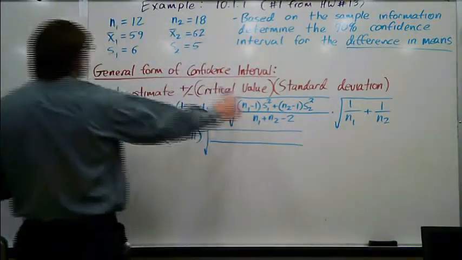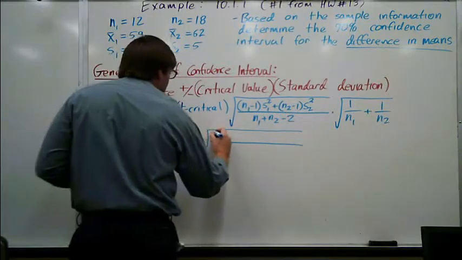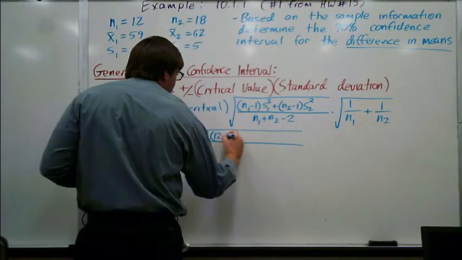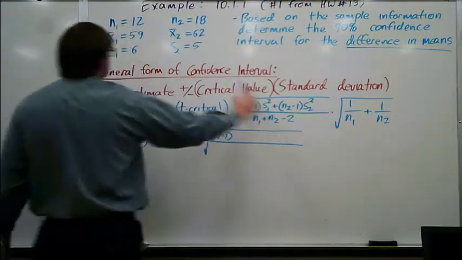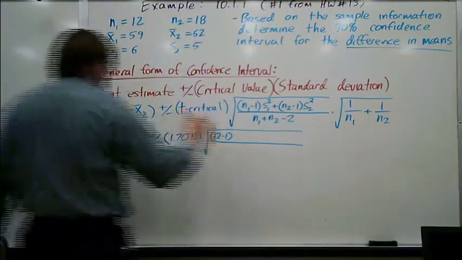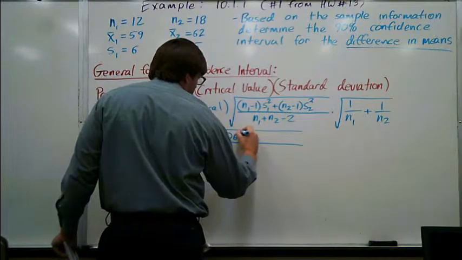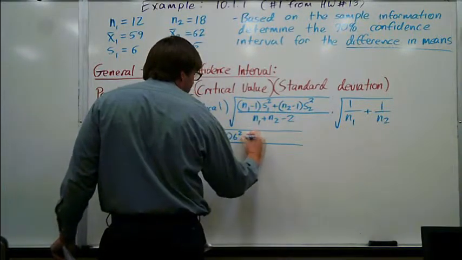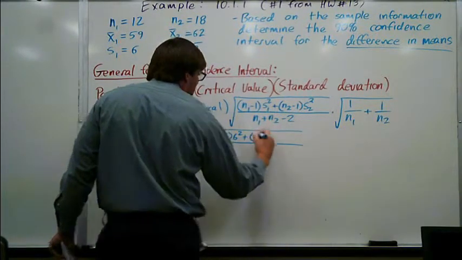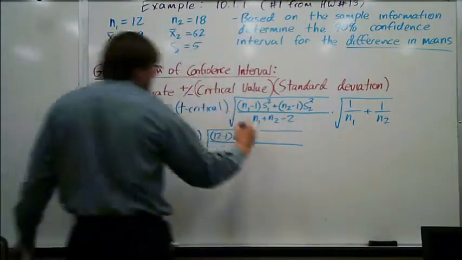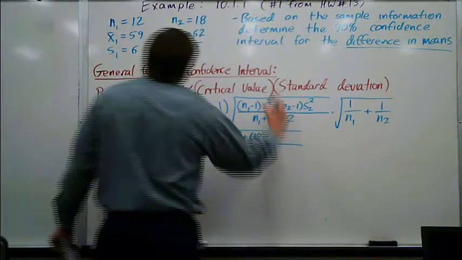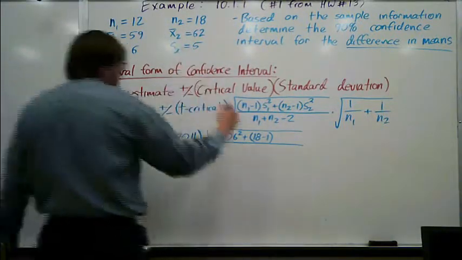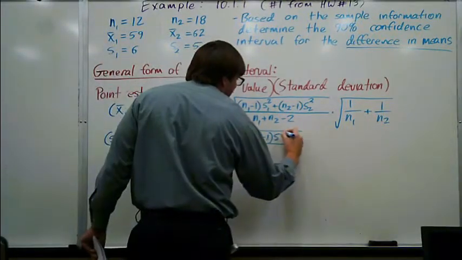Sample size 1 is, of course, 12. So we have 12, subtract out 1, multiplied by sample standard deviation 1 squared, or 6 squared. Bring over the plus, and that's multiplied by sample size 2, or 18, subtract out 1, multiplied by its sample standard deviation squared, or 5 squared.